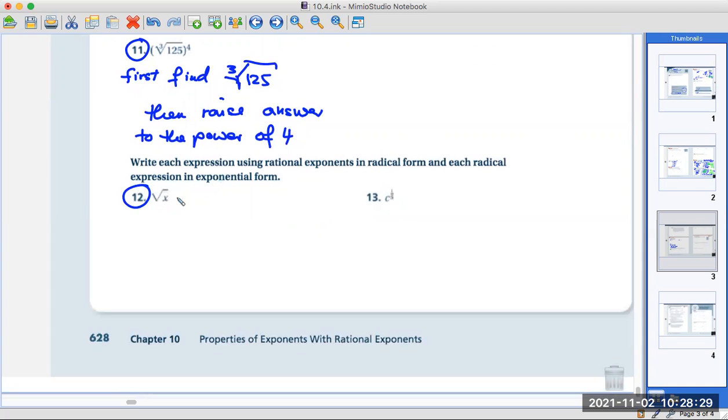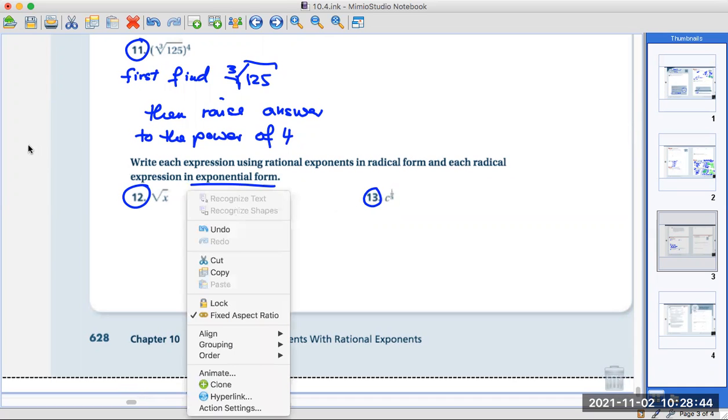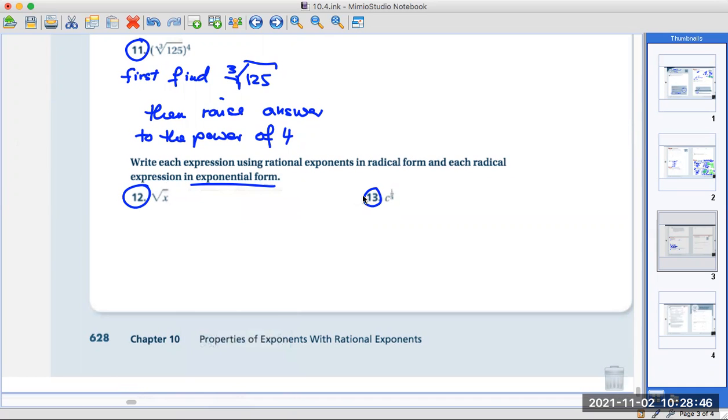You need to write this expression in exponential form, which is with the exponent. And this one you need to write in radical form. This is exponential form, and you need to write it in radical form. So you're learning how to switch back and forth from this form to this form and from this form to this form.